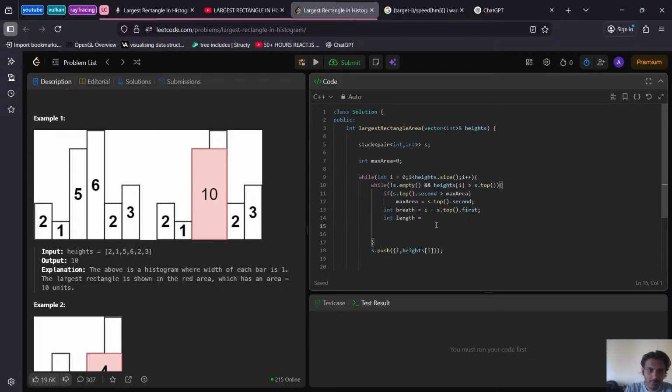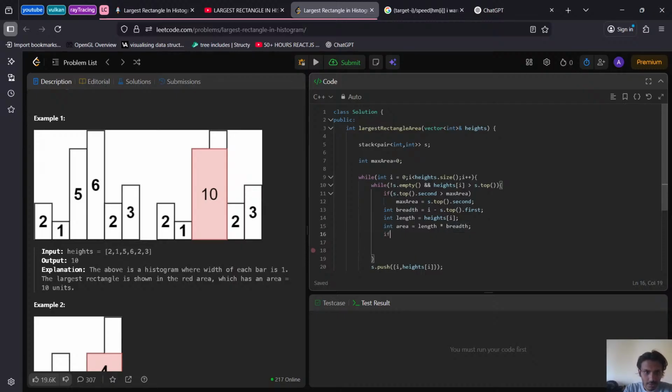So what we do is calculate it for this, whatever it can contribute. So it can contribute, that will be this i. Then area is equal to length times breadth.